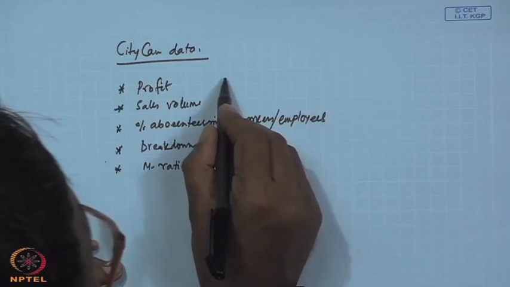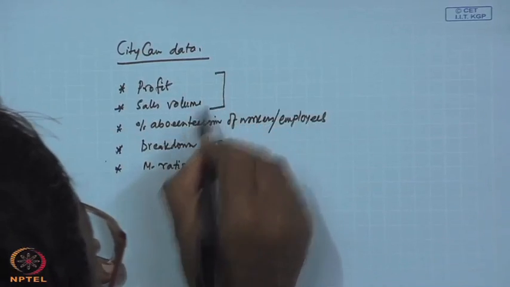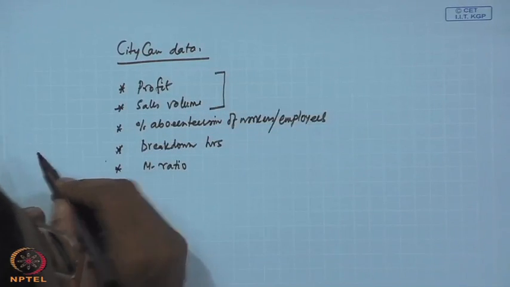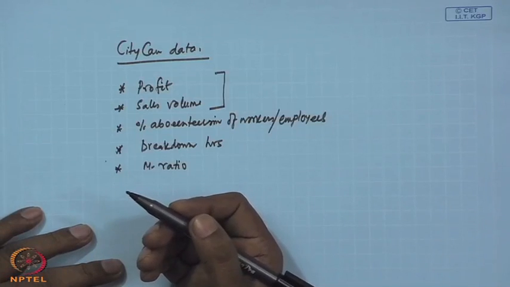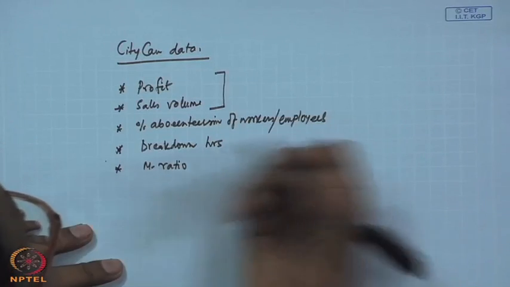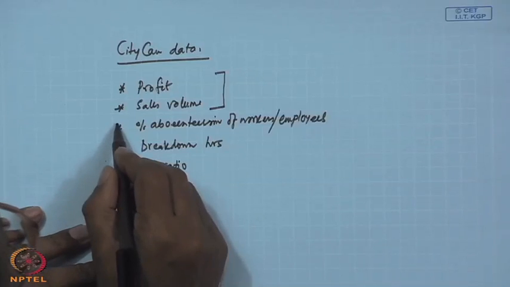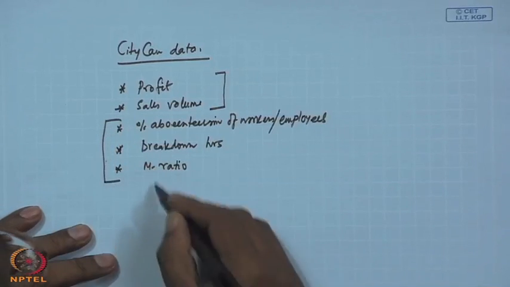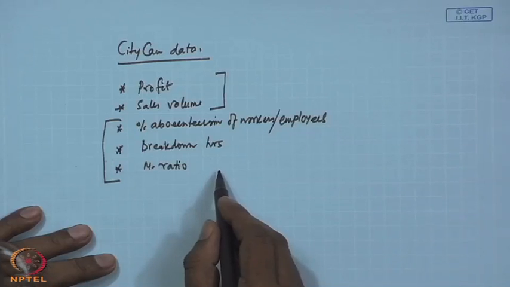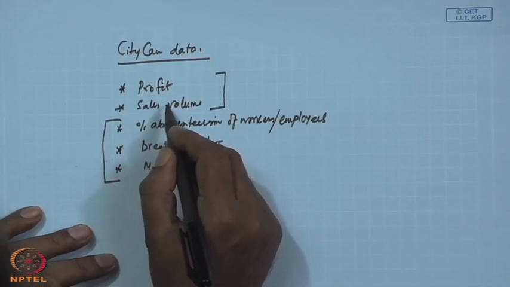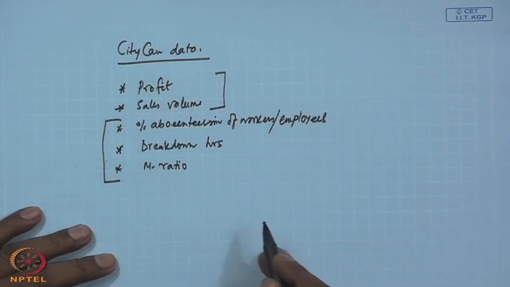The company's primary interest is how to improve the profit, that definitely through maximizing the sales. And apart from many other things, the company is interested to know how these three variables, the absenteeism, breakdown hours and M ratio is affecting sales volume as well as affecting profit.